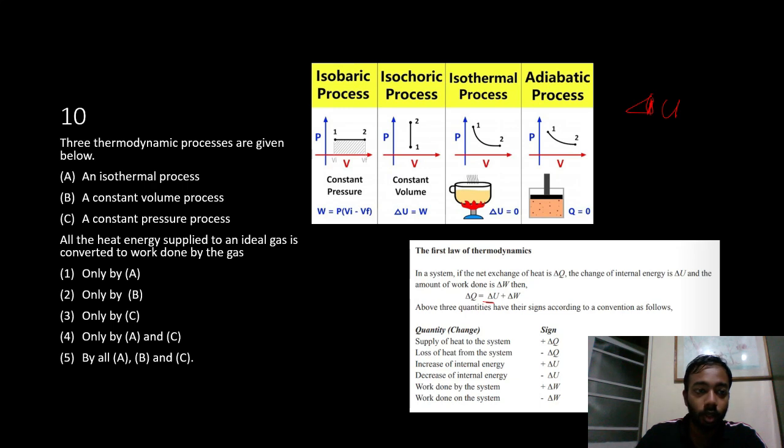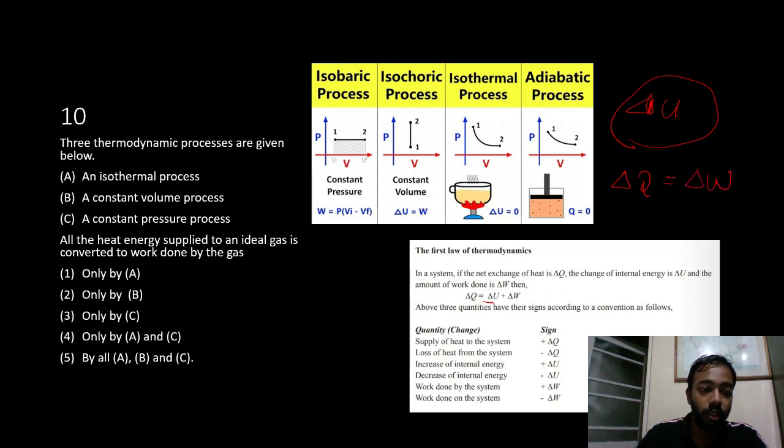In an isothermal process, there is no change in temperature, that means the internal energy is constant. Delta U is 0. So if delta U is 0, delta Q becomes equal to delta W.